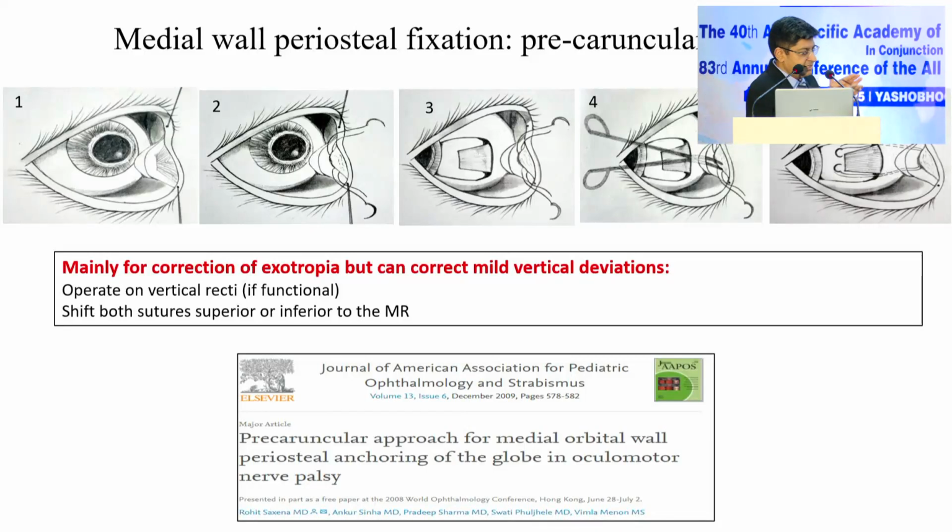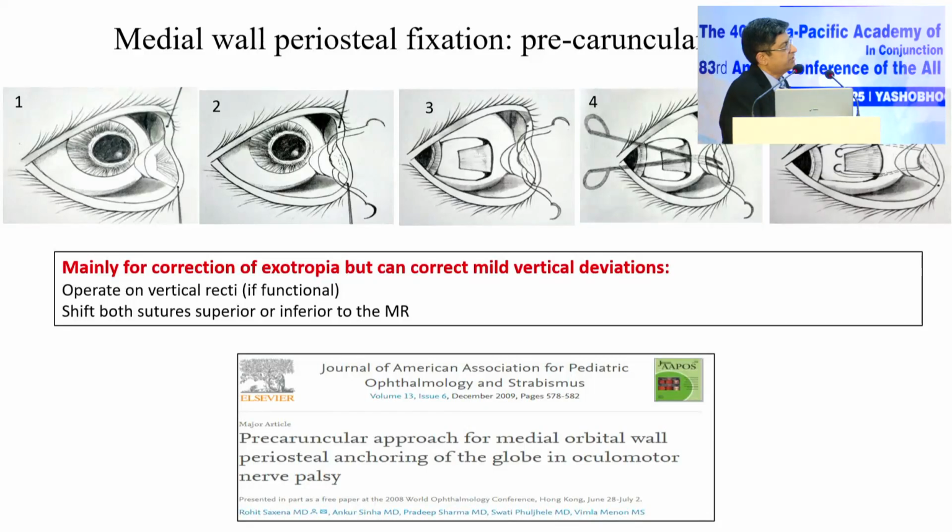You can cluster the sutures a little, but you don't have too much space on the medial wall periosteum. The other option is that instead of passing the sutures on either side of the medial rectus, you could pass both of them on one side.